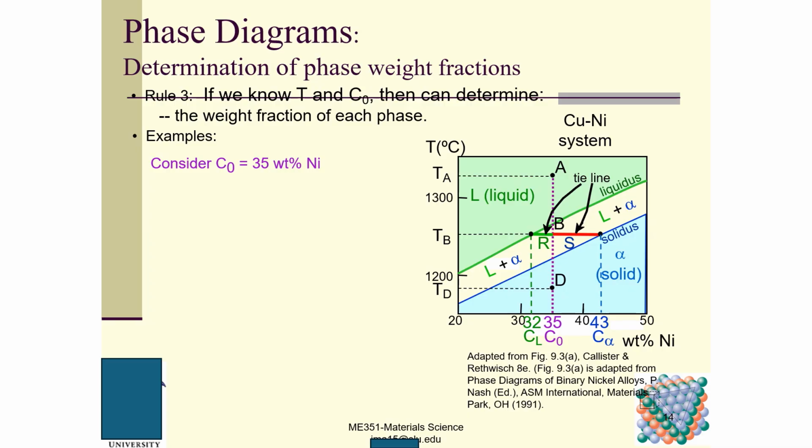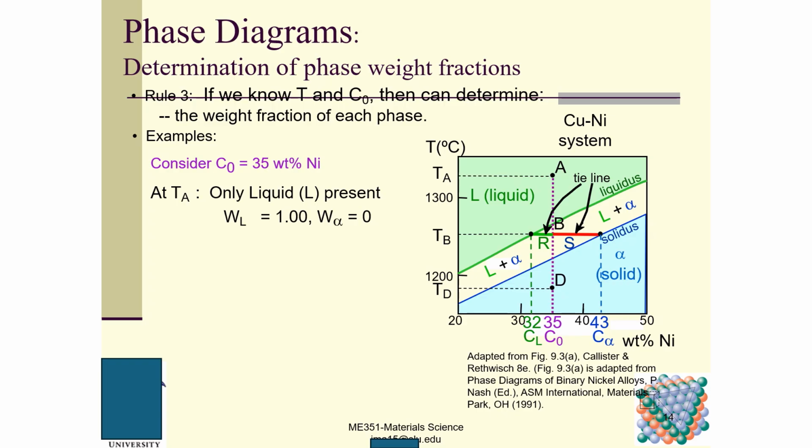Rule 3: if we know temperature T and C0, then we can determine the weight fraction of each phase. Still the same thing here, point B, and C0 is still 35%.